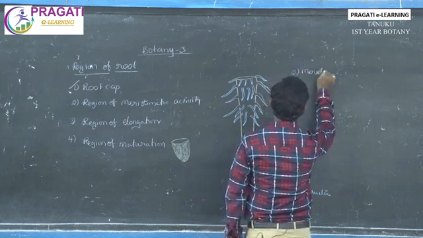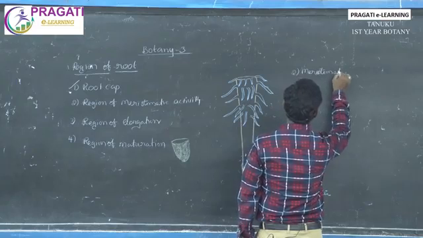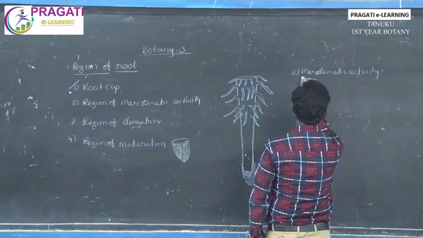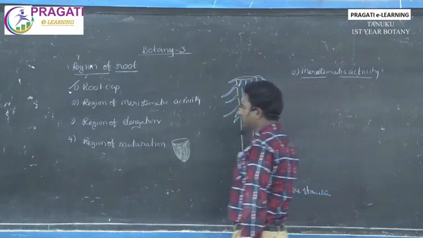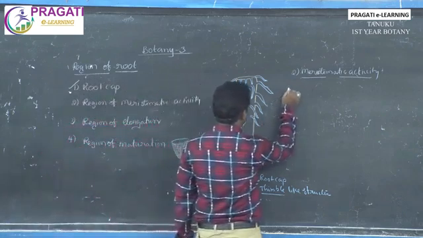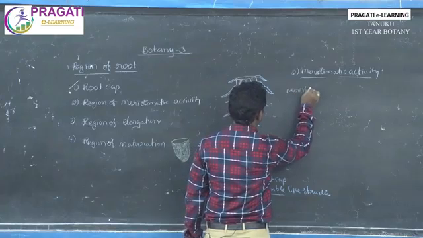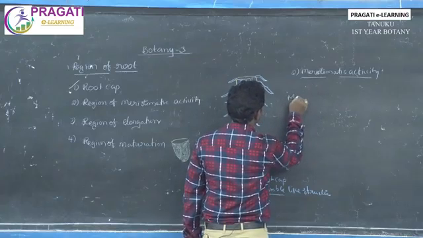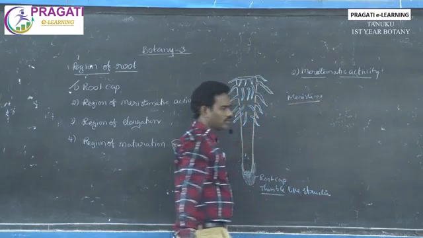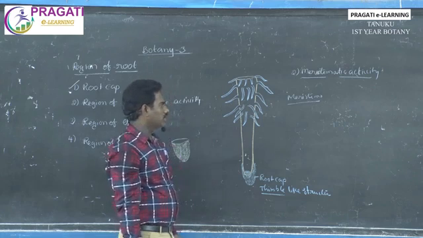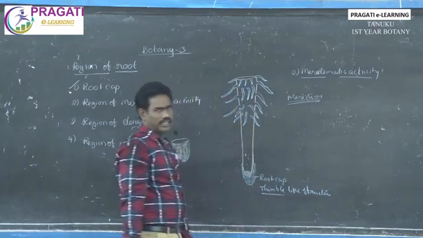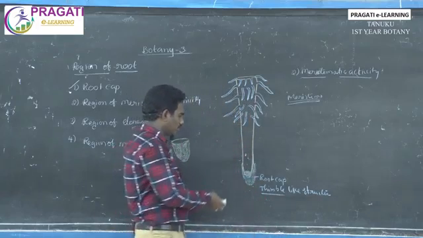This word meristem is a Greek word meaning to divide. These meristematic cells are continuously dividing.